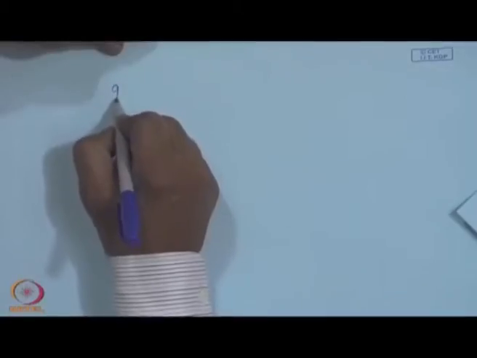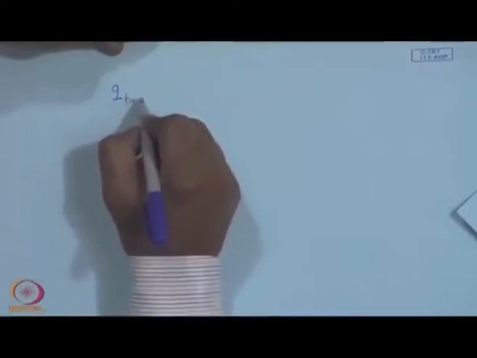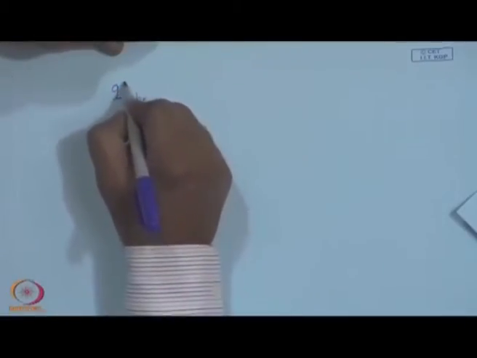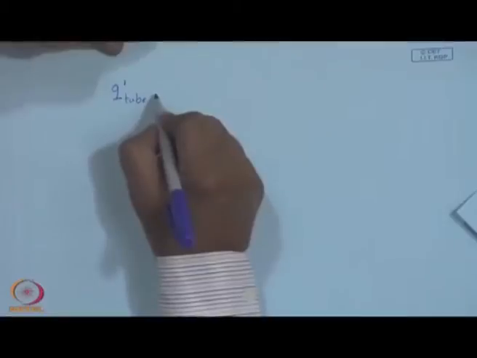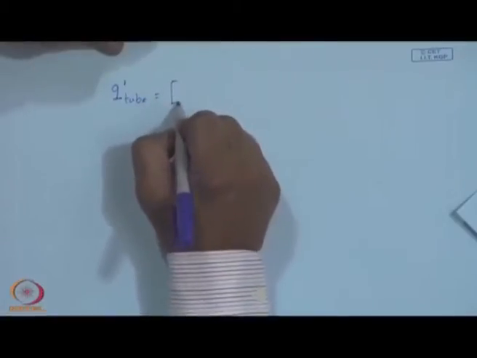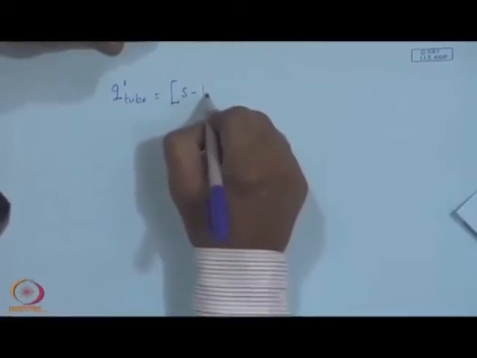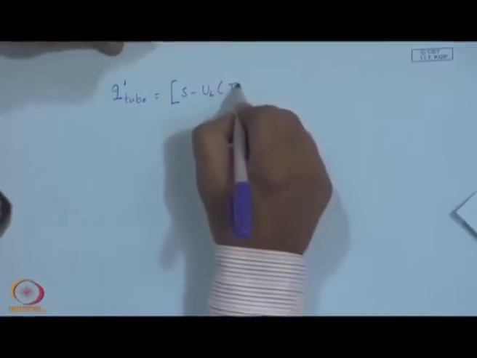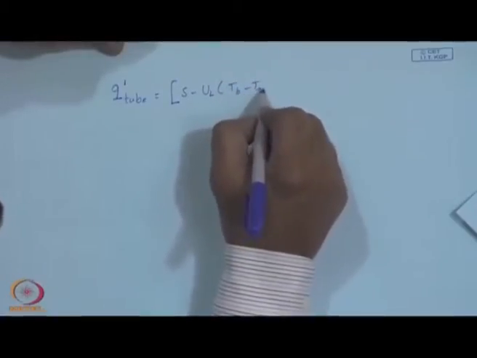Now, the total energy gain will also comprise the energy gained from the tube region, which will be (S minus U_L) into (T_b minus T_a).